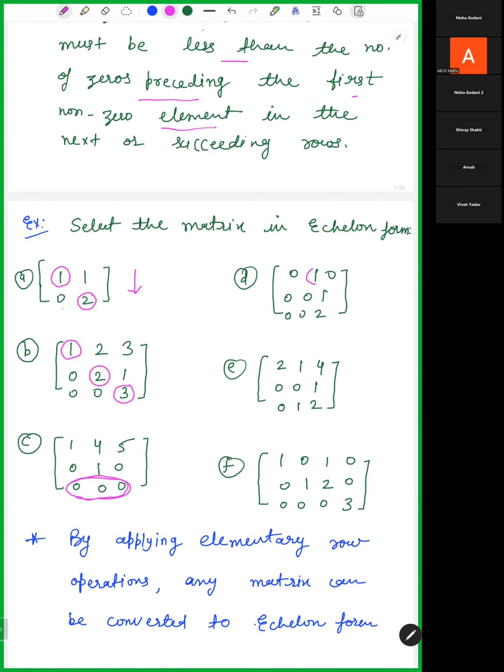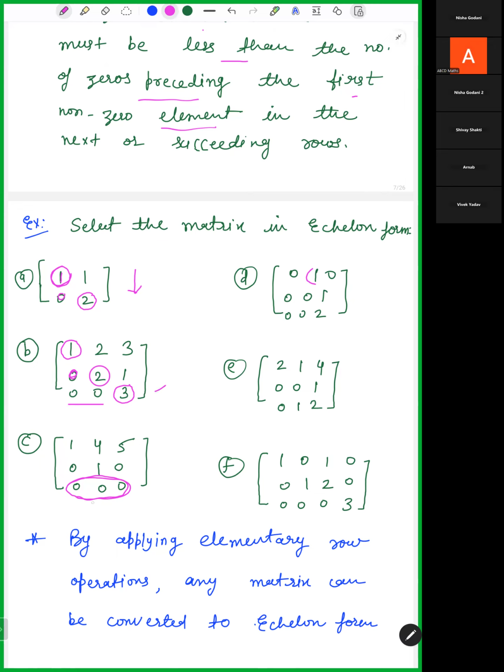In example A, before 1 there is no 0, but in the second row there is 1 zero. In example B, there is 1 zero in the second row and 2 zeros in the third row. The number of zeros has increased, so this is fine.